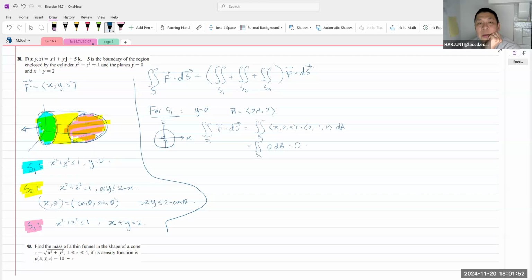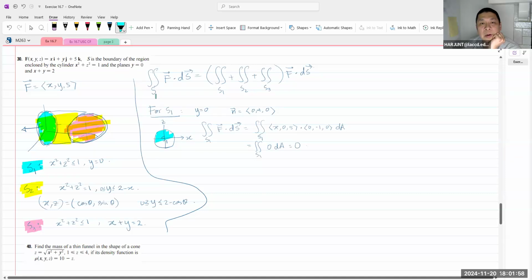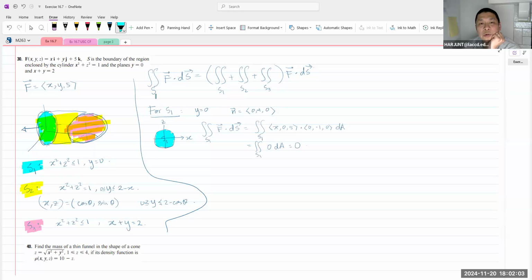So this is 0. No big problem. See, if you set it up properly, you will see canceling things. But if you do things too fast, you don't realize that. Okay, that's for S1. How about S2?